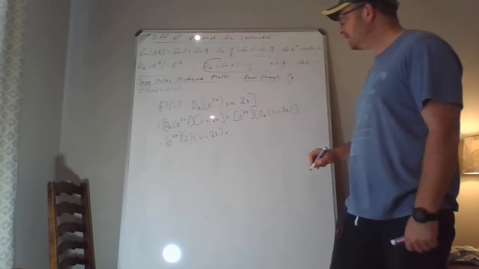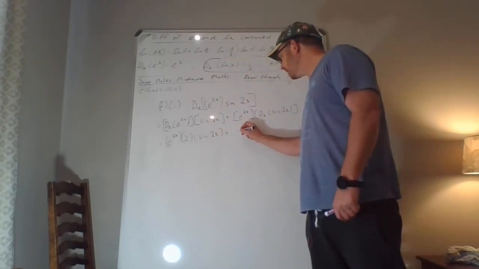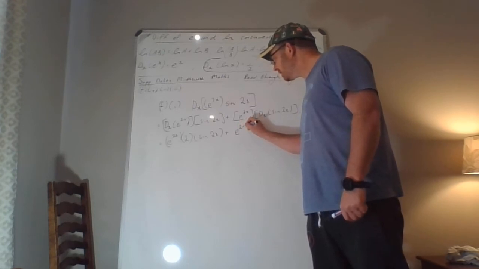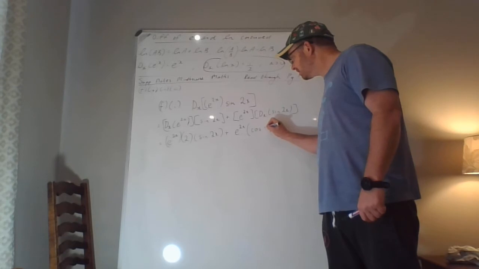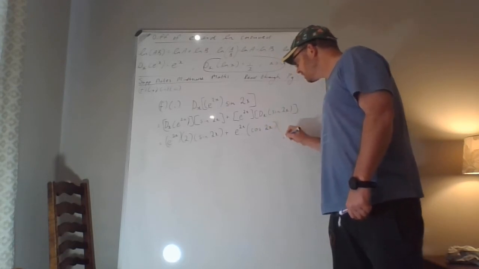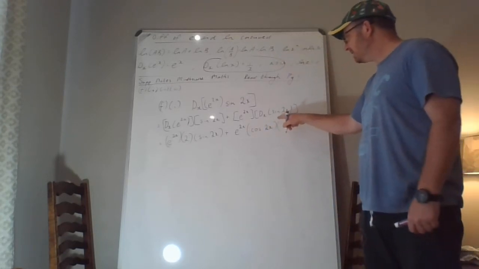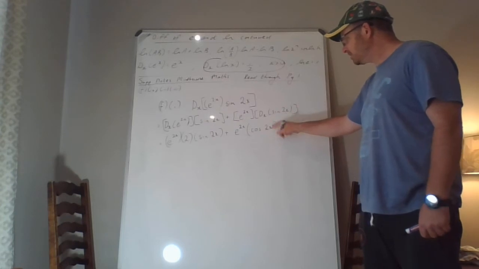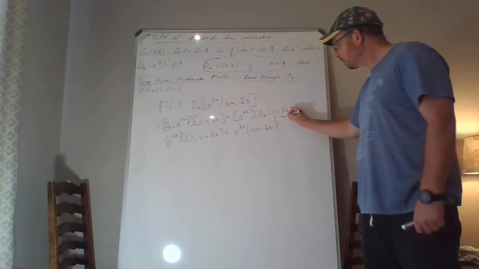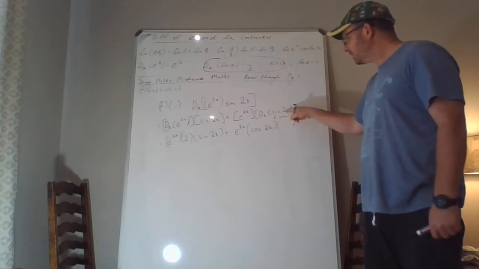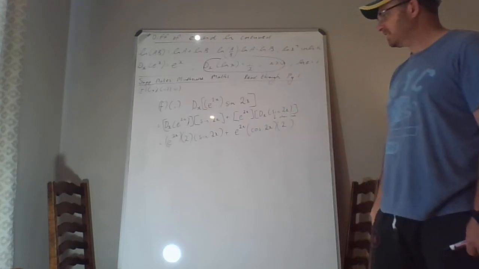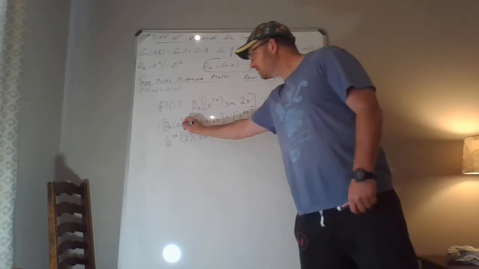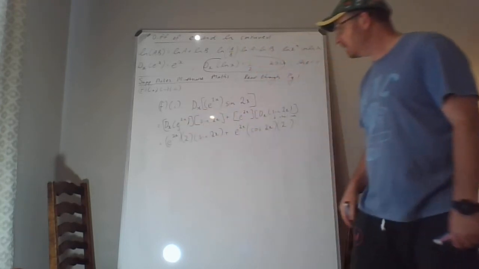Plus, here I'm going to have e to the 2x times the derivative of sine 2x, which is cos 2x. That's the derivative of the outside function, and I'm using the chain rule again here. So it's cos 2x, and then the derivative of 2x is 2: the derivative of the outside times the derivative of the inside.